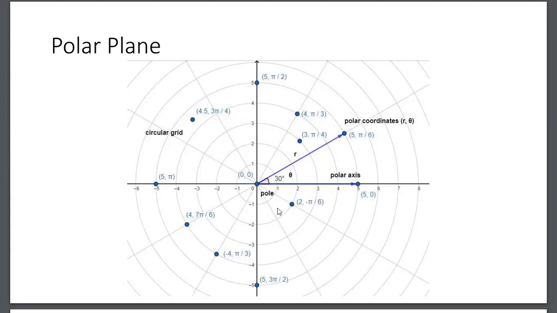That's why this point here is of interest. Notice it's 2, but look at its angle, negative pi over 6. So it rotated in the negative direction down to here. These other ones are positive values for theta. Here's a negative rotation with 2, puts you right there.